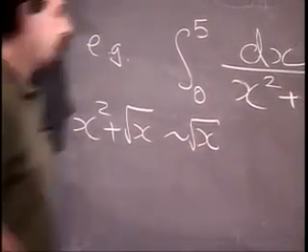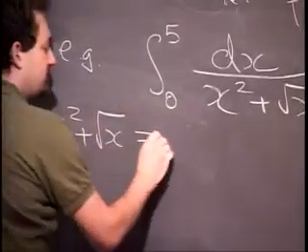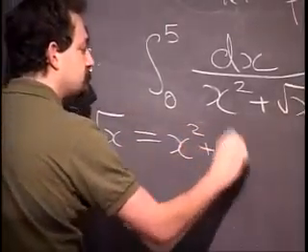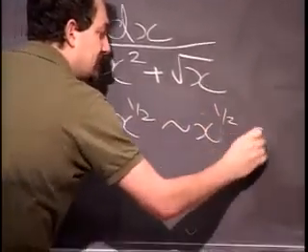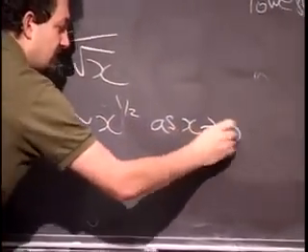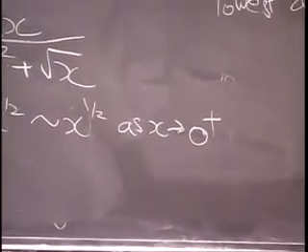In fact, let me first write this as x squared plus x to the 1/2, which twiddles x to the 1/2 as x goes to 0. And in this case, we better put a plus because you cannot take the square root of a negative number.